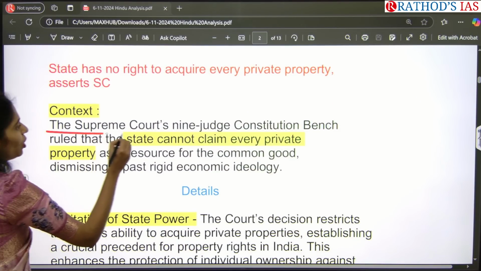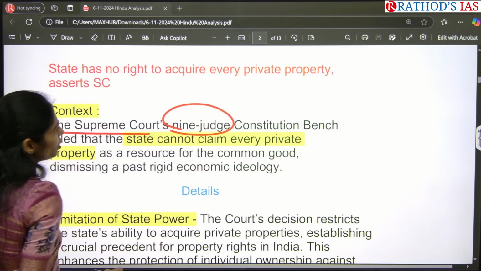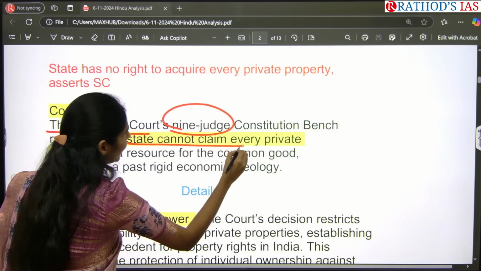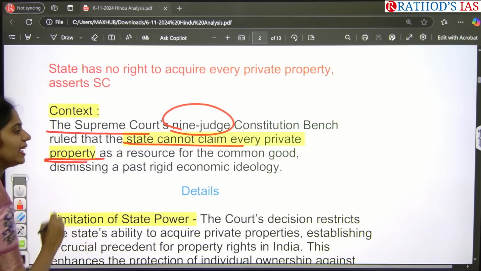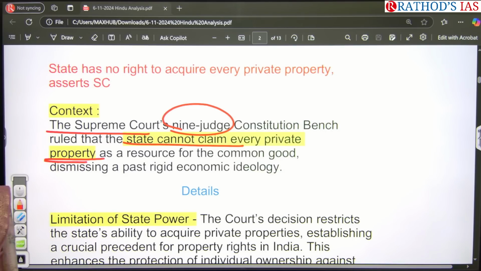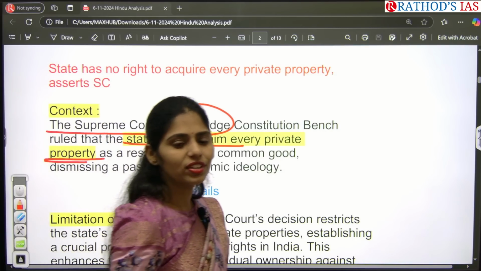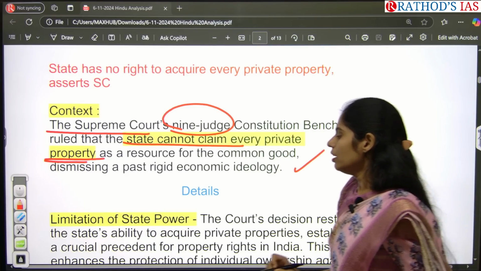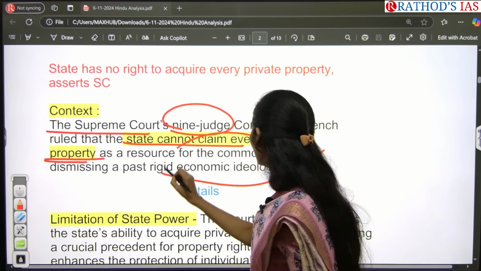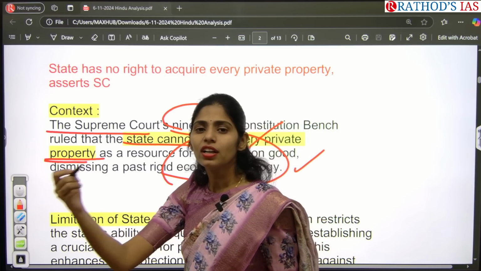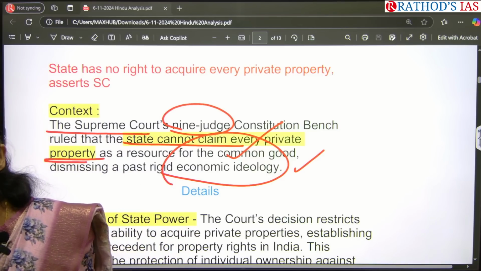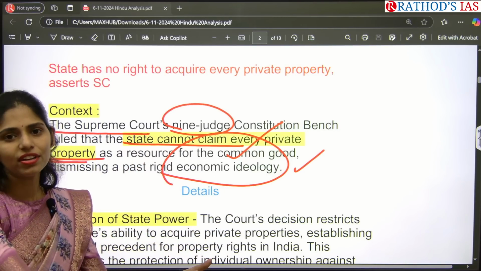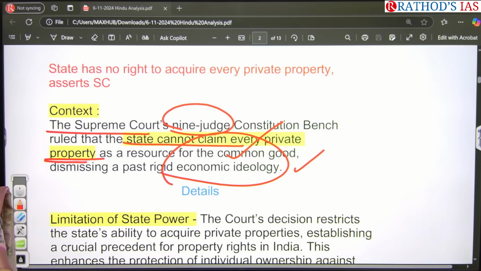Okay, now let us see this article in detail. The Supreme Court, in a 9-judge constitutional bench, ruled that the state cannot claim every private property as a resource for the common good. So it is limiting the power of the state to acquire private property, based on economic ideology. Whenever we had the socialist kind of ideology, yes, the power is with the state; the state needs to control the property.